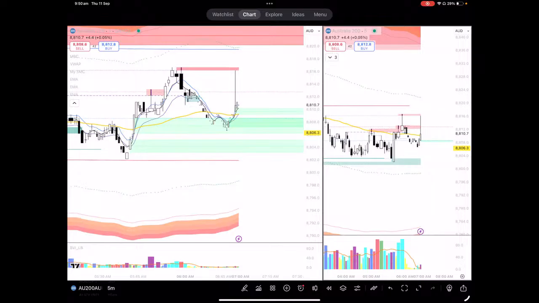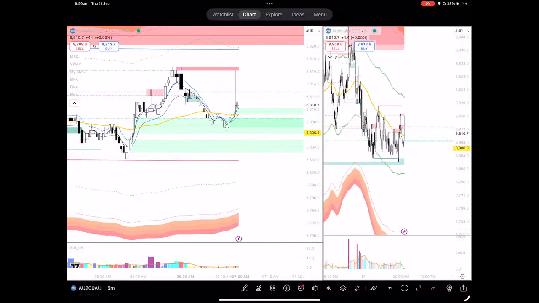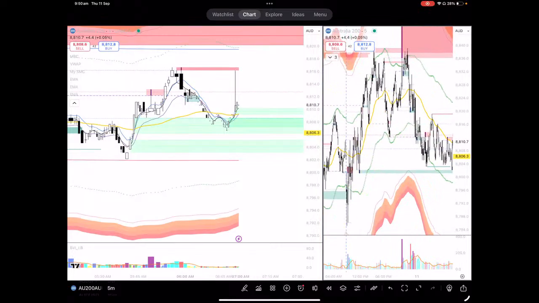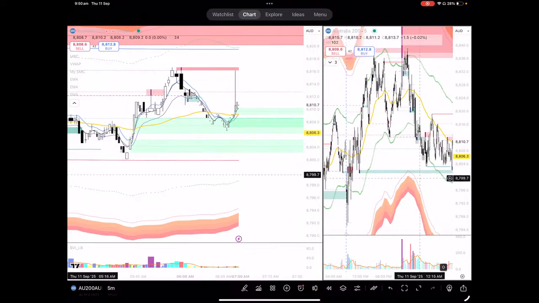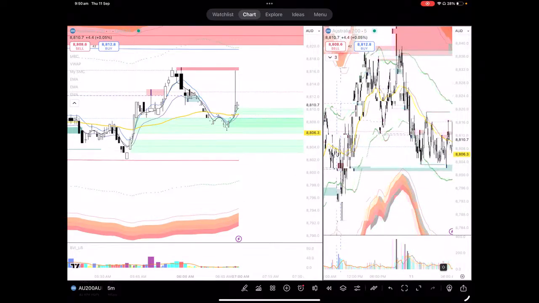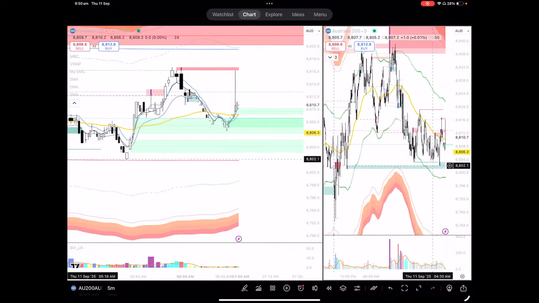So this is what I'm looking at, that at night it came down to a particular level, right? It came down till here. It came down till here. It did not take out this liquidity. When I say liquidity, in layman terms, liquidity is basically a huge amount of buyers and sellers who have placed their trades at this point.